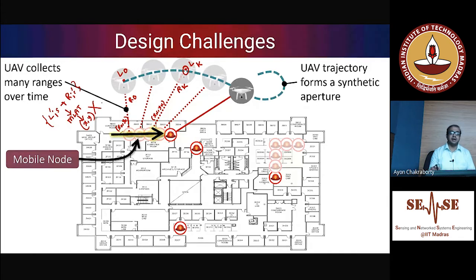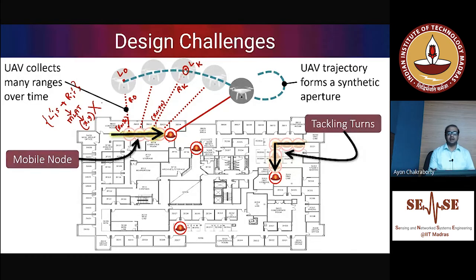The equations don't make any sense, because these equations are not going to find any unique value of XY, because every equation was recorded at a separate state of the node. The node itself is moving, and however we designed the multilateration algorithm is not going to work directly. So this is a primary design challenge.